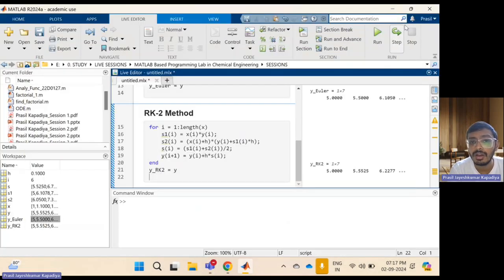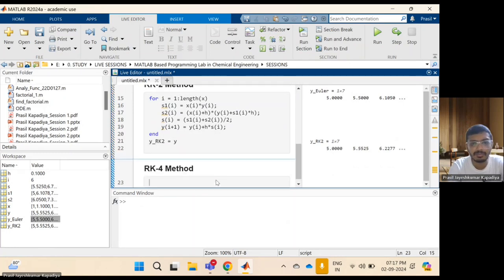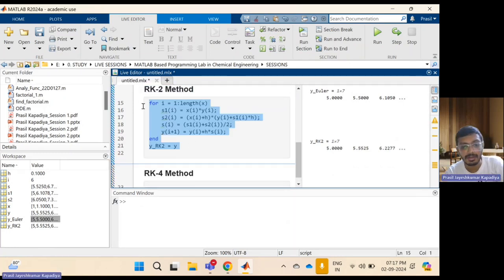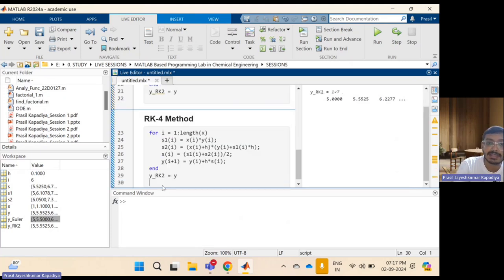Let me write down the same thing for RK4 method. For RK4 method also, it is the same thing, correct? But we have four terms, S1, S2, S3 and S4. My S1 is the same. For my S2, it is h by 2 and S1 into h by 2, correct?